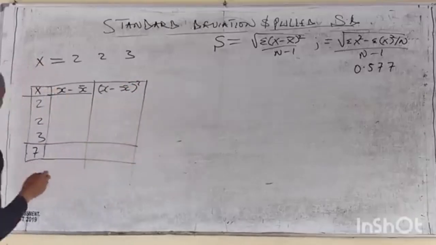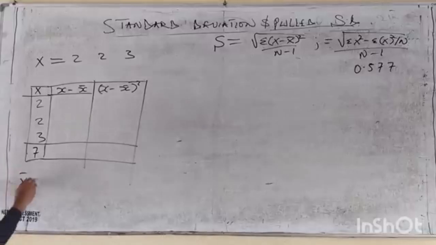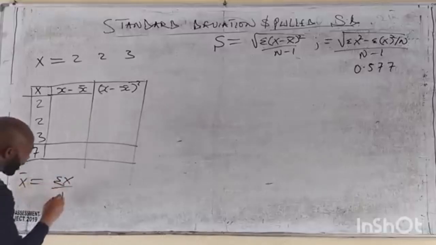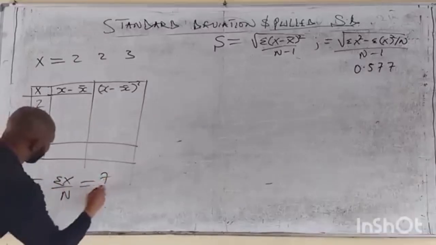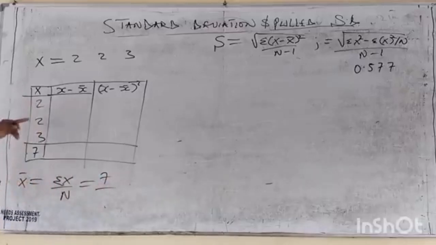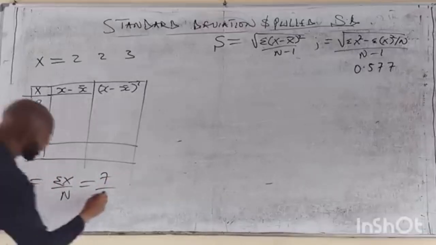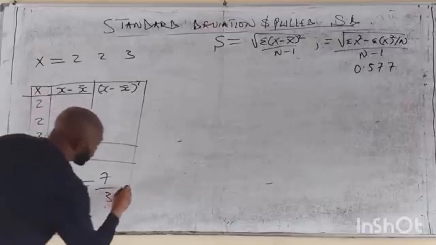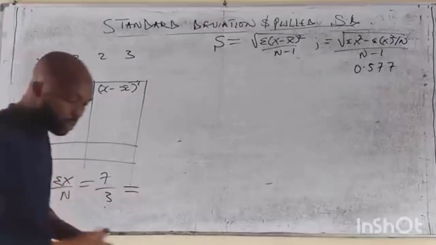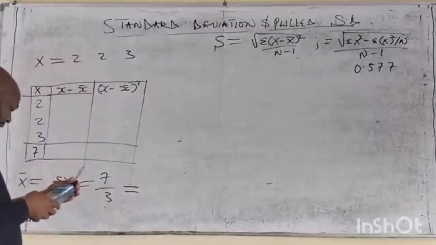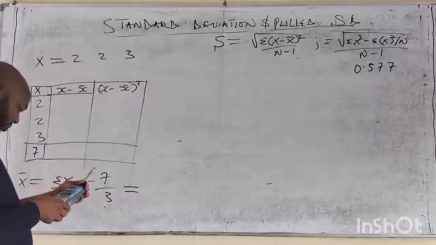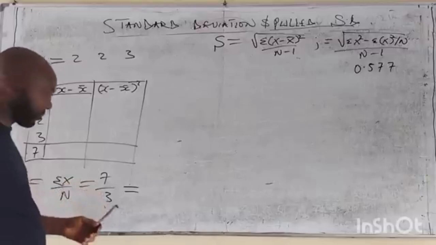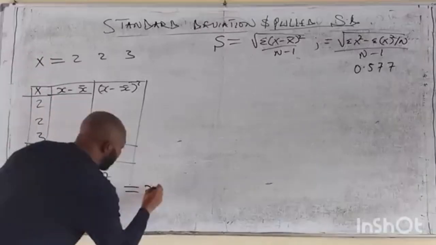Now the mean x bar is equal to the summation of x over n, which is 7 over 3. The total summation is 7, the number of degrees of freedom is 3, so 7 divided by 3 is equal to 2.33.